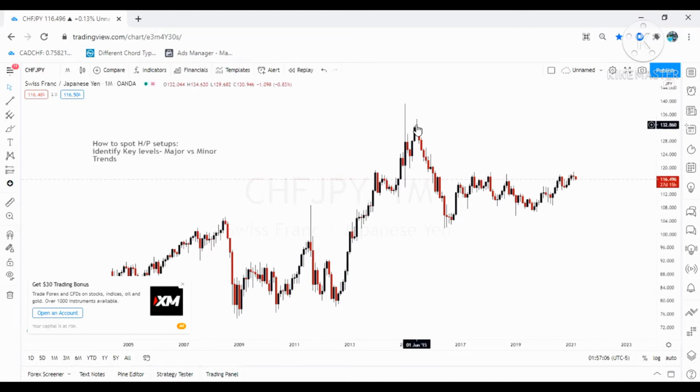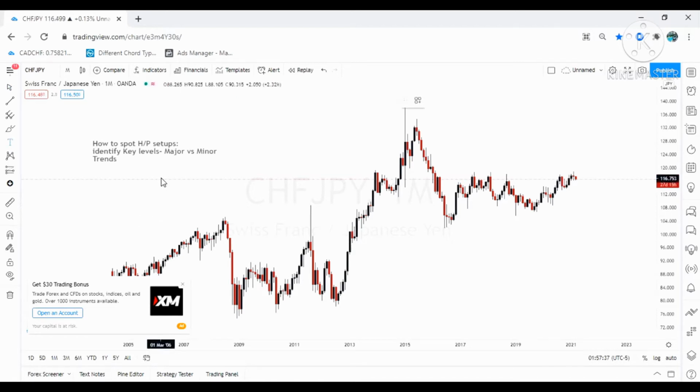But as with minor and major levels, the higher the time frame, the more reliable the trend is. So the higher the time frame, the more reliable your major and minor support is. And the higher the time frame, the more reliable your trend is. So we're going to be talking about multi-time frame analysis in this section, right?